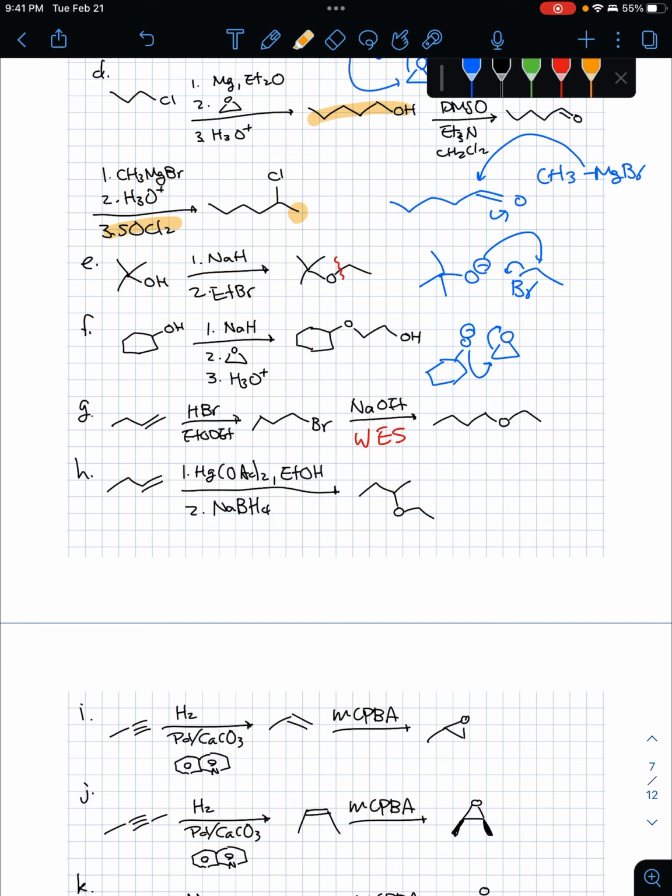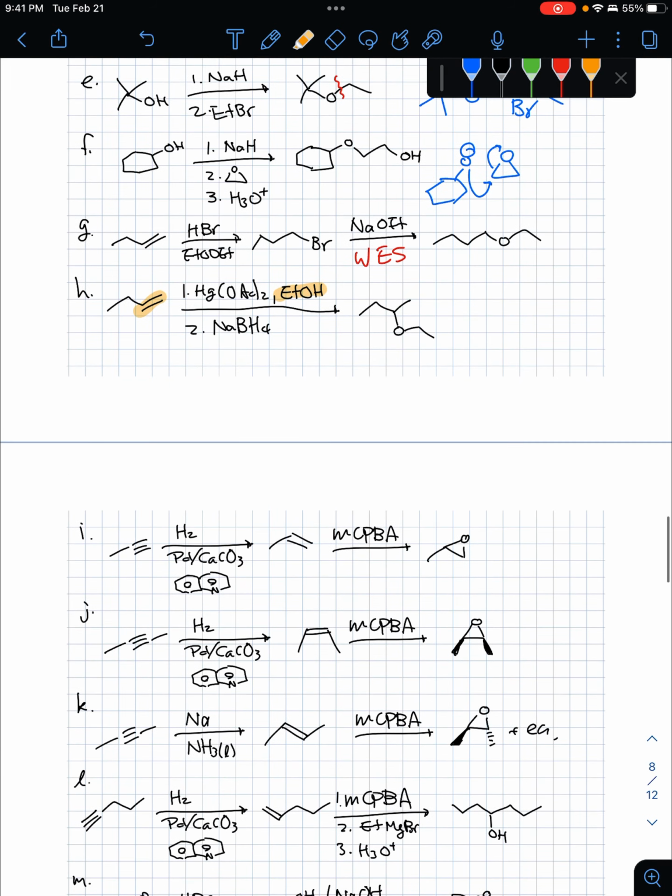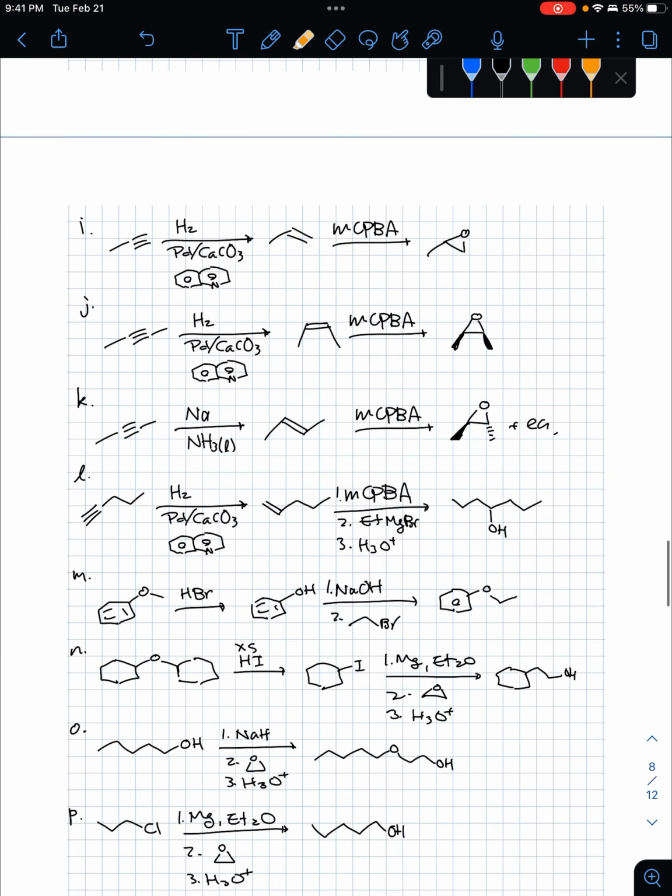And then the easiest way to make this ether, where the double bond is, in a Markovnikov fashion, would be oxymercuration reaction, except we're using alcohol as the solvent, so that's technically an alkoxymercuration reaction followed by reduction. Okay.